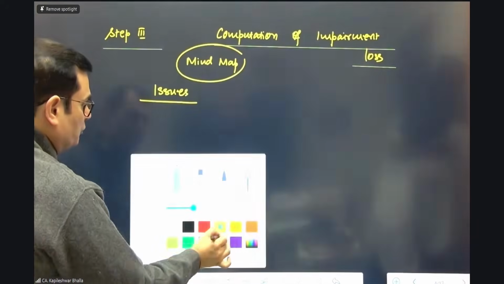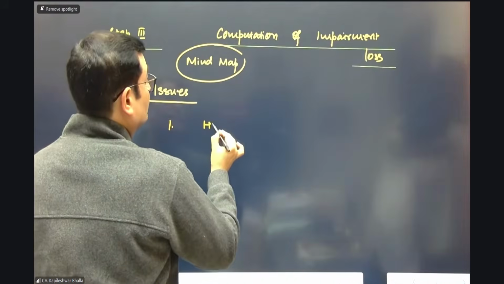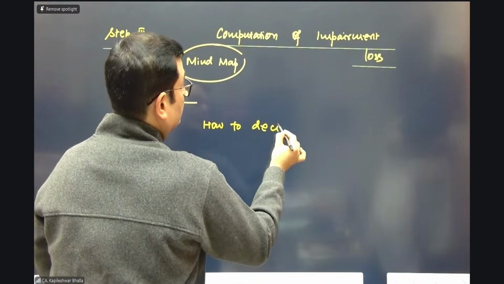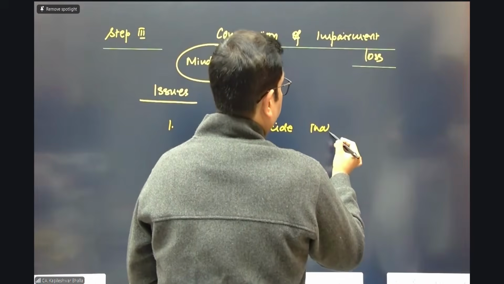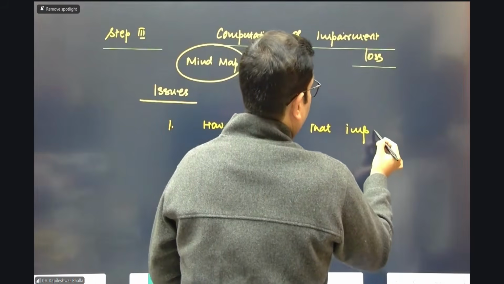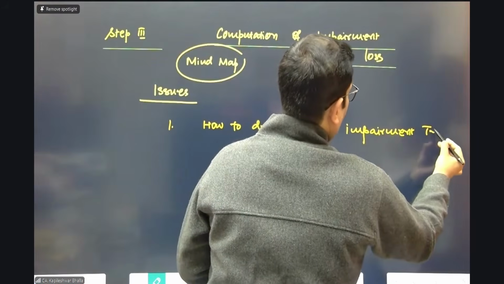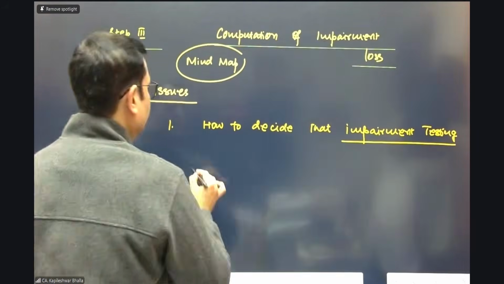The list of issues which should come to mind is, number 1, how to decide at what level impairment testing will be done.